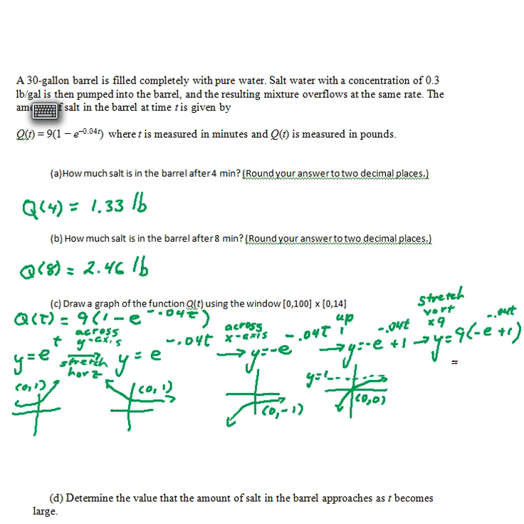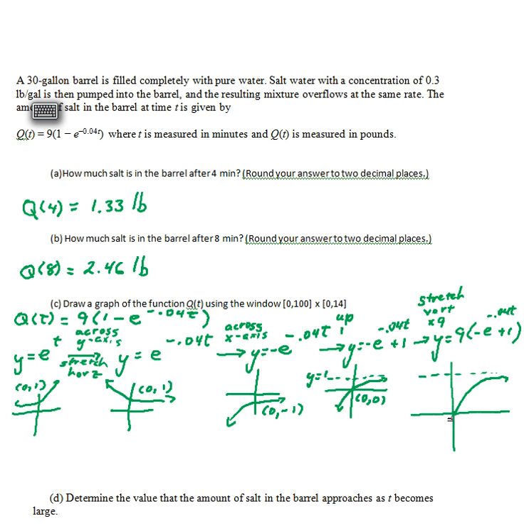Then when we multiply by 9, it's going to stretch vertically by a factor of 9. The point 0, 0 will remain where it is, but the rest of the graph will be pulled upward.